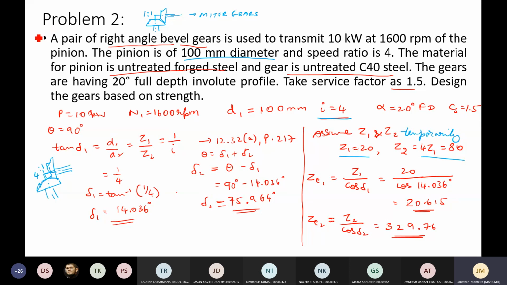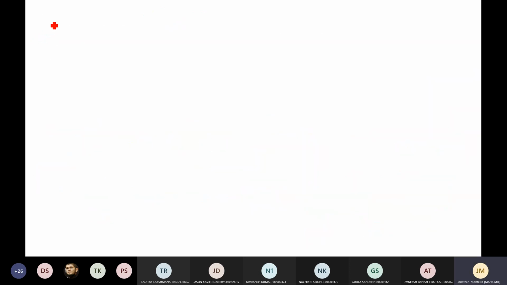Once we do that, what are the things that are pending? We need to find out the weaker member. Before that I just want to find out what sigma d1 and sigma d2 are. According to the material that is given, untreated forged steel for pinion, sigma d1 comes out to be 172.6.